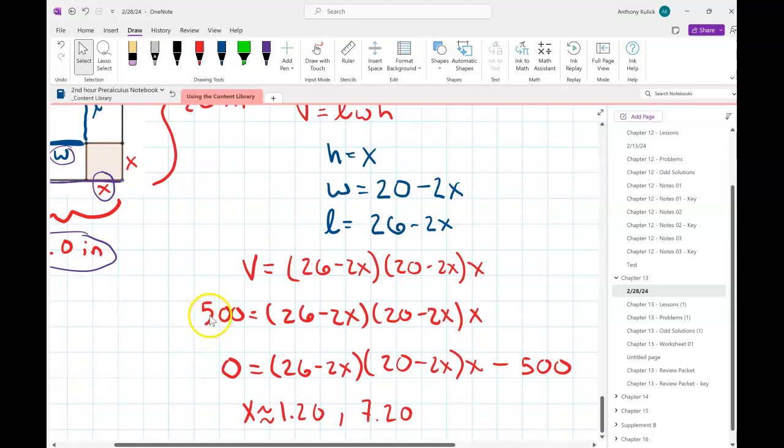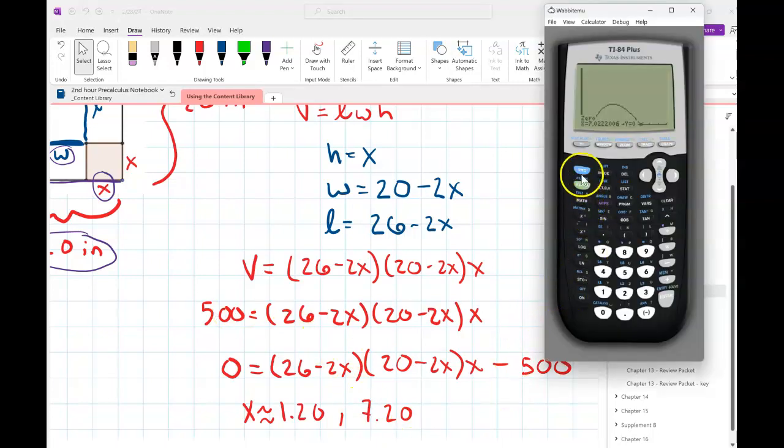Why do I have two answers here? Let's think about what's going to happen here. So if x is 1.2, I'd have like 1.2 times 20 minus 2 times 1.2 times 26 minus 2 times 1.2.